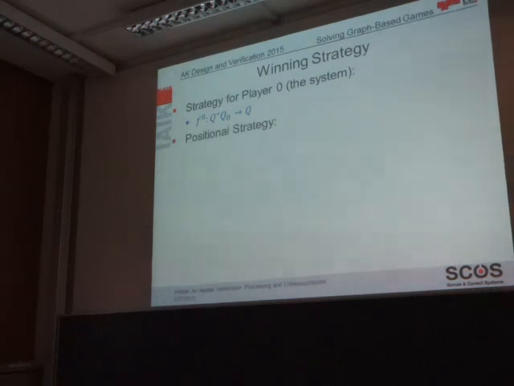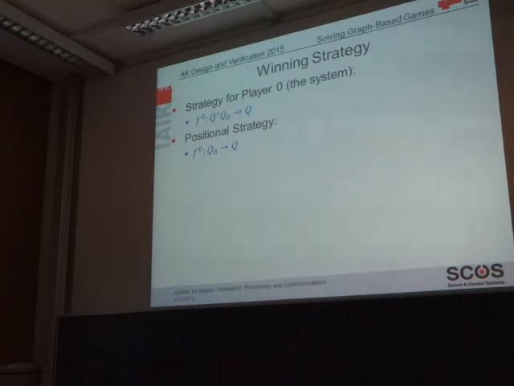In our lecture, we will mostly deal with strategies that are much more simple. We will call them positional strategies or memory-less strategies. These strategies are functions that look in the following way. For every player 0 state where we have to pick a successor, this function just returns the successor that we pick.